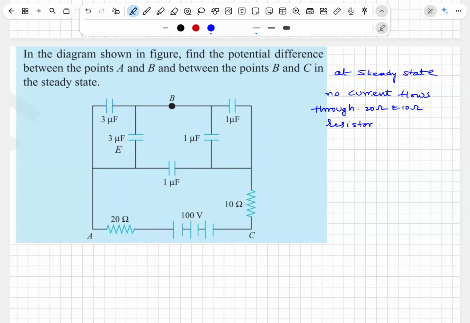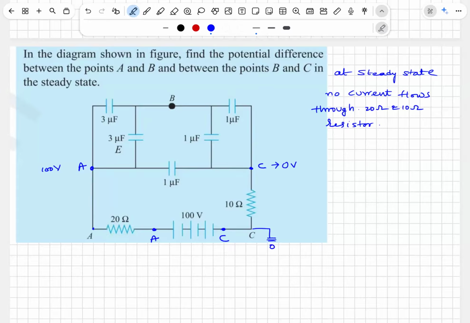In that case, this is A, this is C. Since there is no current, if I assume C is grounded, 0 volt, A will become 100 volt.